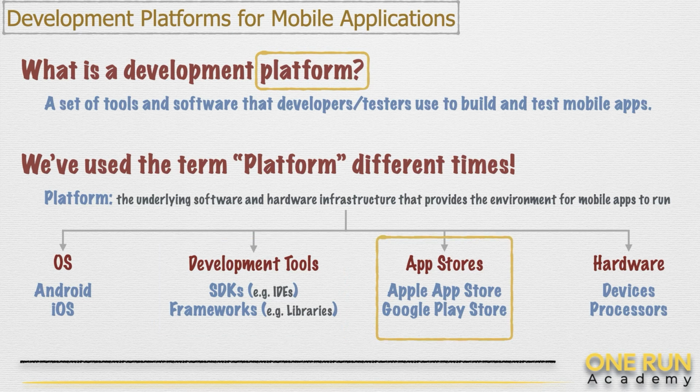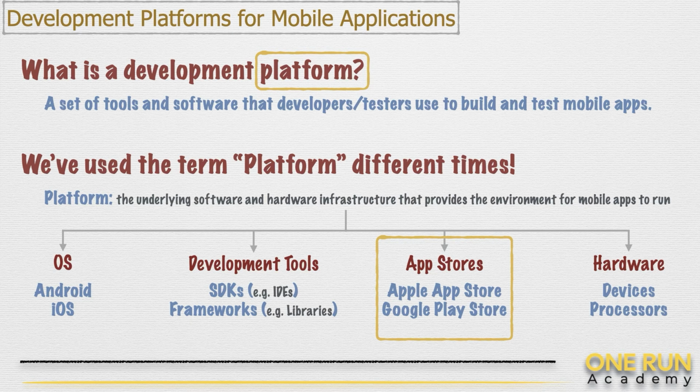Next, the app stores where users can download and install their mobile applications, like the Apple App Store and the Google Play Store. As testers, we are required to ensure that our apps meet the criteria required by these stores before release. Do you remember what testing is conducted to make sure of the compliance with the actual criteria?